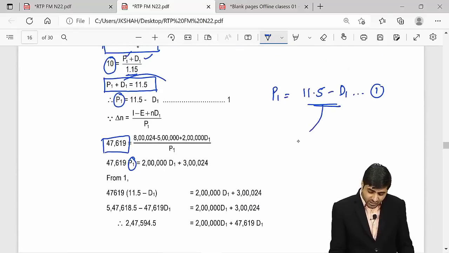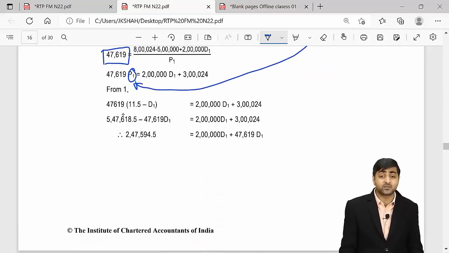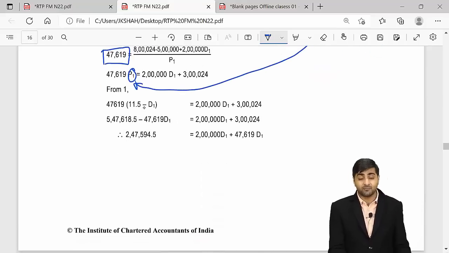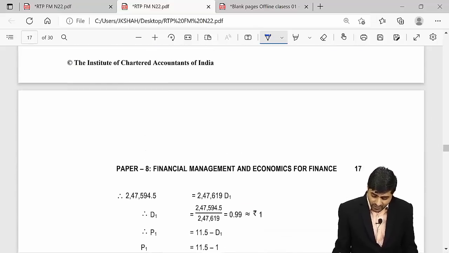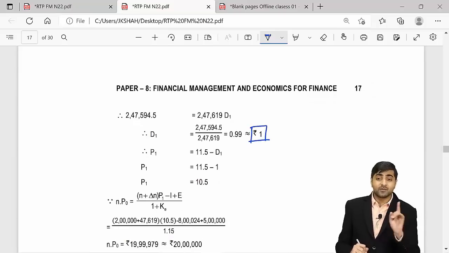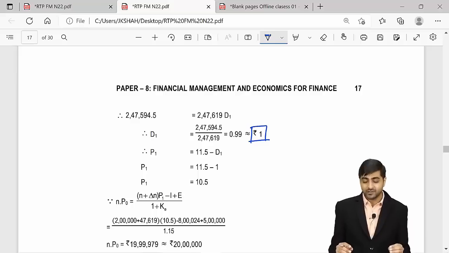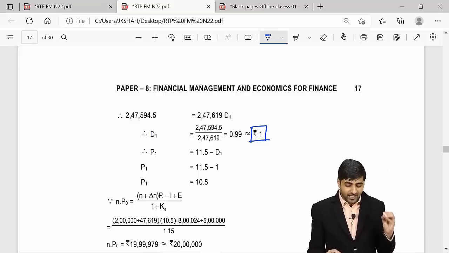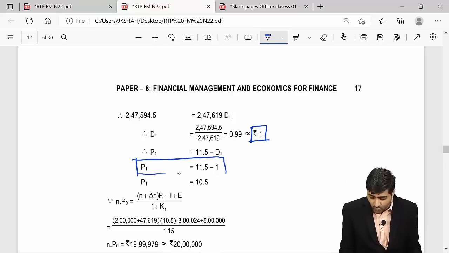So guys, we know that this P1 is nothing but 11.5 minus D1. So we have to substitute this P1 here. So ultimately we will be getting 47,619 into 11.5 minus D1, and when we will calculate your D1, you will get your D1 as 1 rupee. So D1 will be 1 rupee, because now there is only one missing figure, and that's your D1. So we have calculated your D1 as 1 rupee, and then we can substitute the D1 in equation 1.